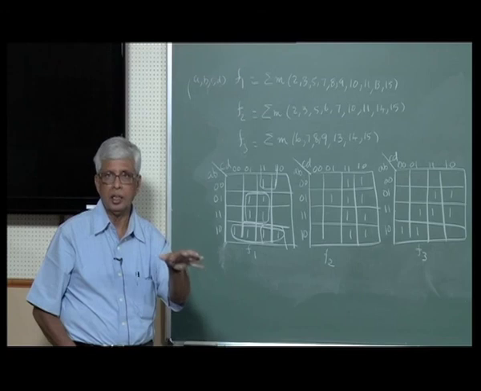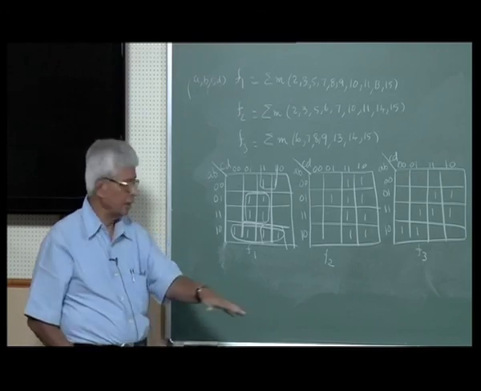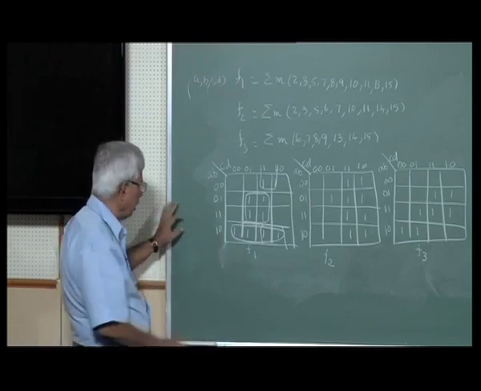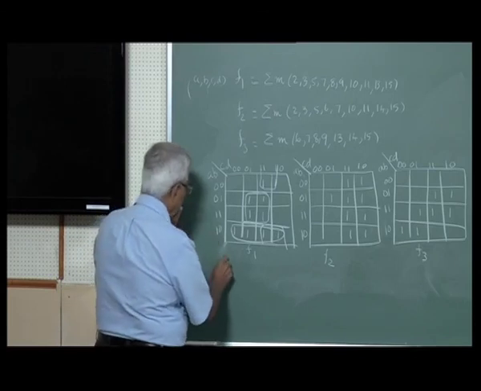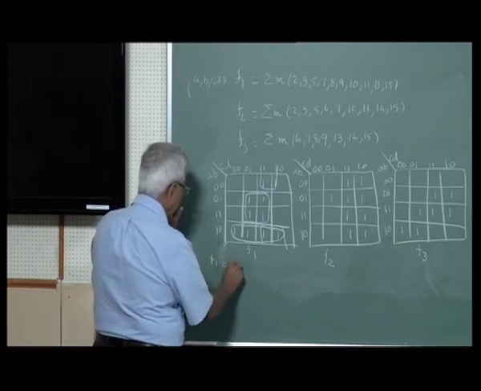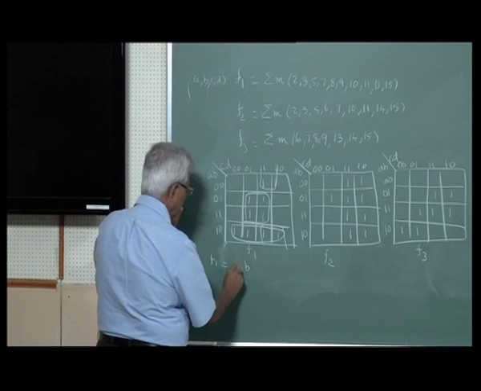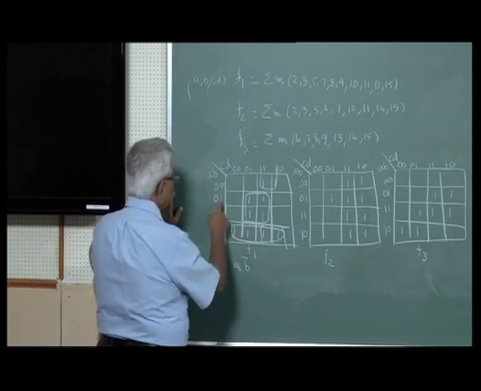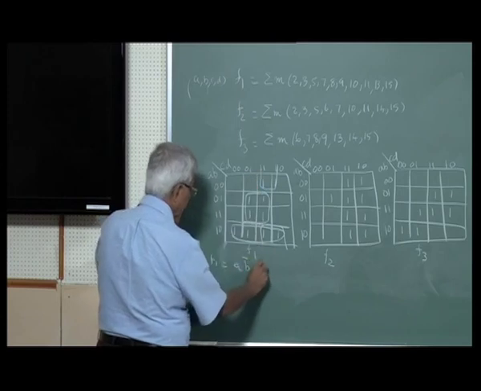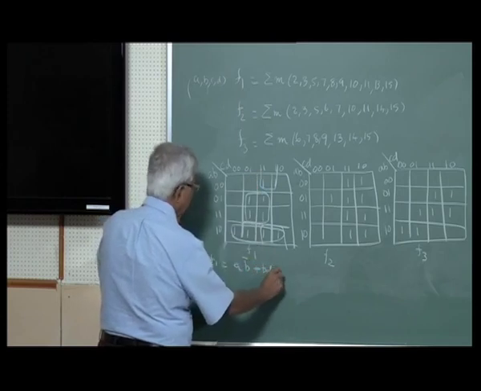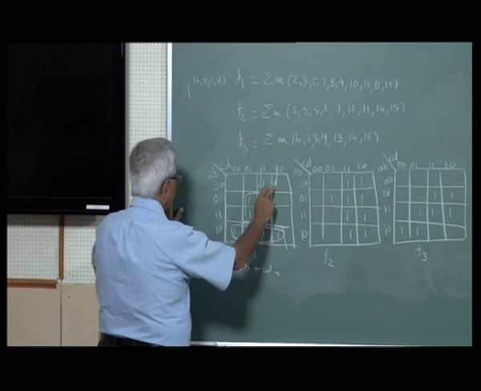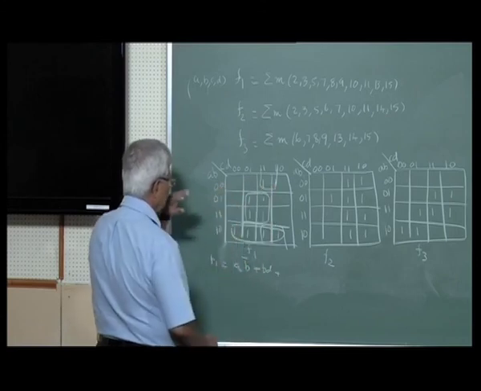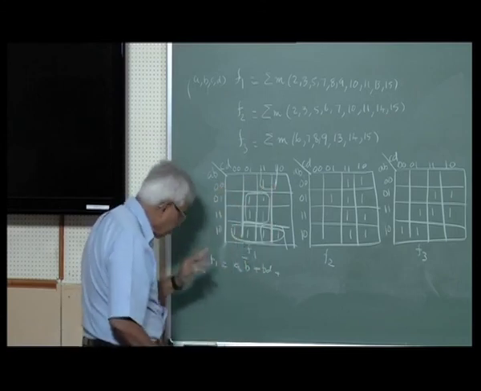Without considering common product terms between functions, this will be the optimum way of doing it. This is A B bar, this is C B D, this is B bar C.